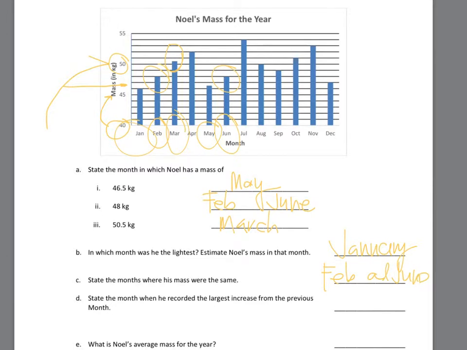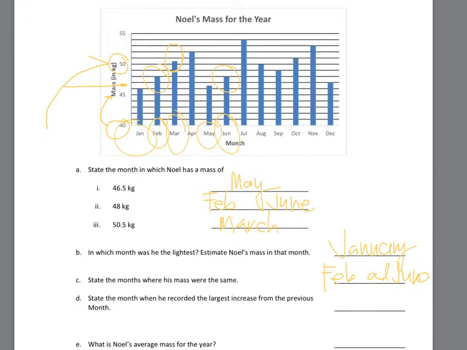And then finally state the month when he recorded the largest increase from the previous month. So you need to connect two values here. Largest increase means the gap between the two bars should be the highest.